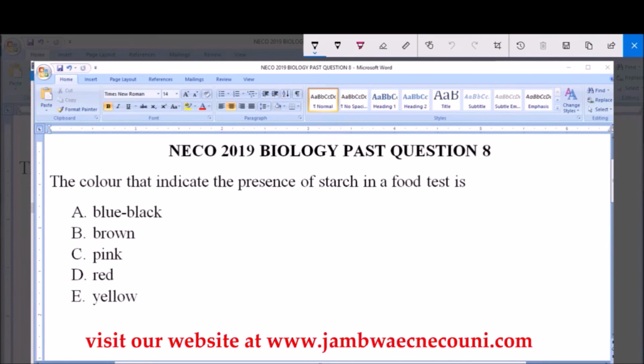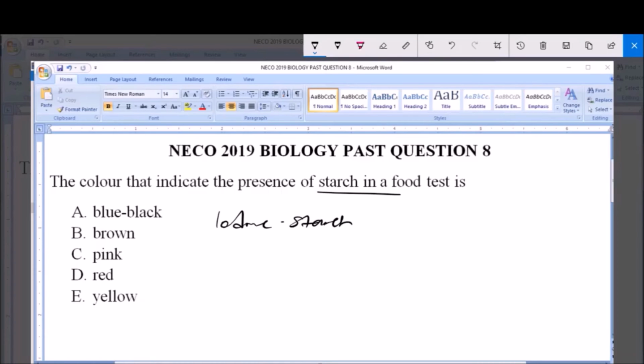Now, to test for starch in a food, we use the iodine starch test. This is a chemical reaction involving the combination of starch and iodine.